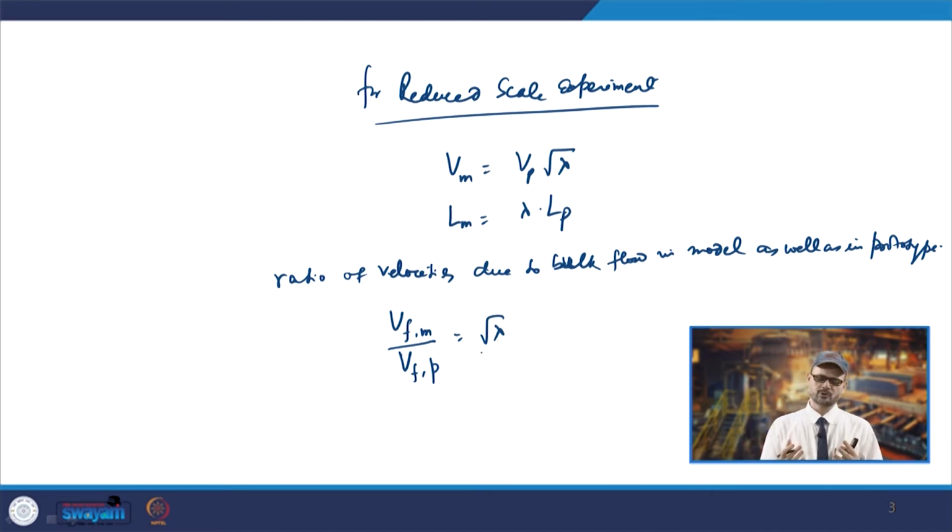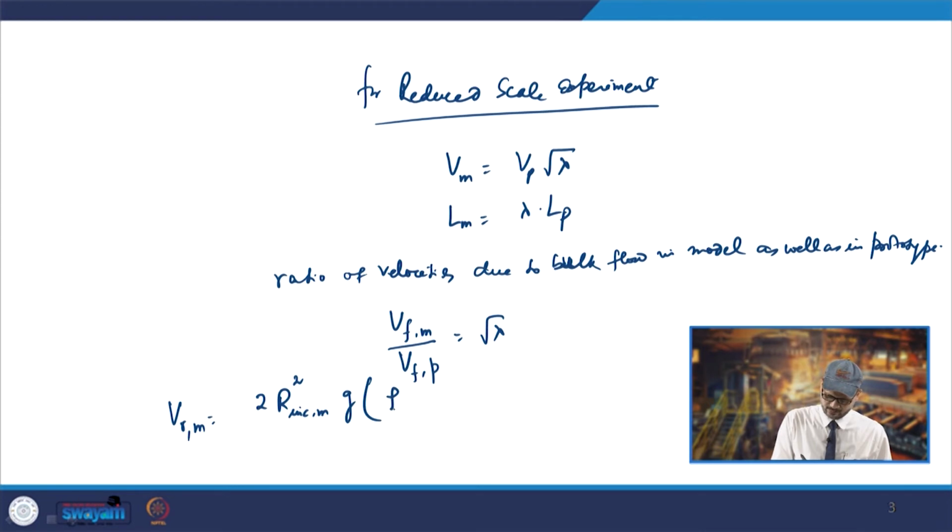Now, if you talk about the Stokes rise velocity for the inclusions, for the water, that is in the model tundish, you will have 2 into R inclusion model squared, multiplied by G, and then rho of water minus rho of inclusion in the model, divided by 9 eta water.